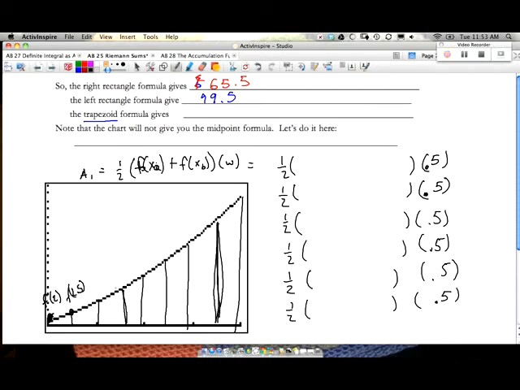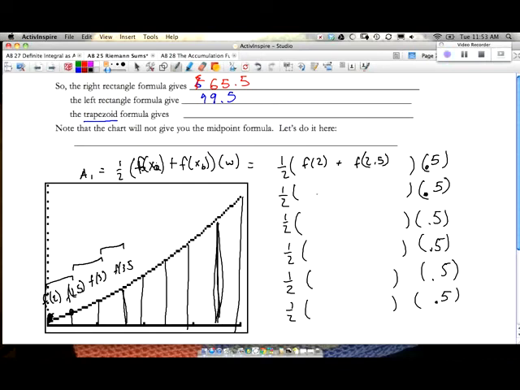And then for the second one, so that's the first one, for the second one, it's going to be f of 2.5 and f of 3. And then for the third one, we're going to have f of 3 and 3.5. So we kind of copy and paste these numbers. So the first one is really f of 2 and f of 2.5.